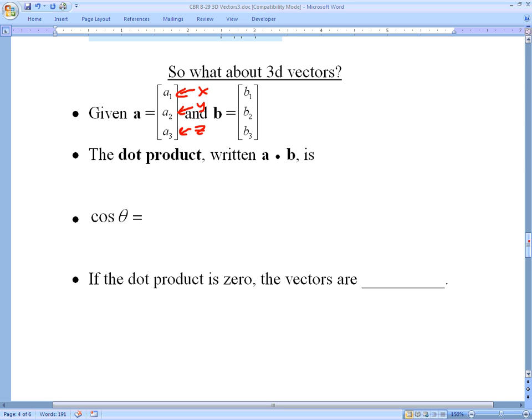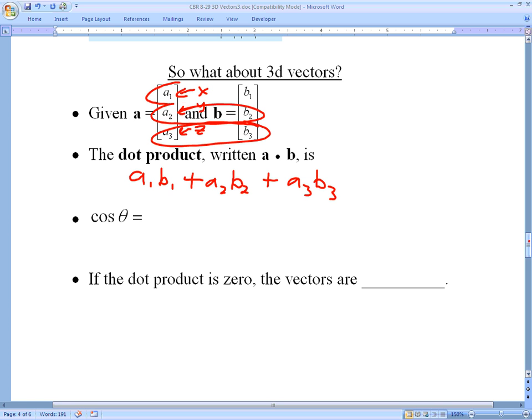We're going to multiply our x components, so that'd be a sub 1, b sub 1, plus a sub 2, b sub 2, plus a sub 3, b sub 3. So again, multiplying our x's, our y's, our z's, the whole kit and caboodle, getting multiplied together and then added up. The same thing we did before, multiplying straight across if they're written in component form and then adding.